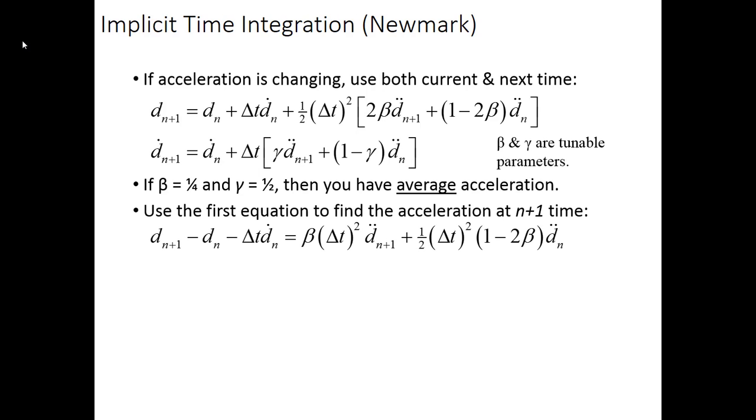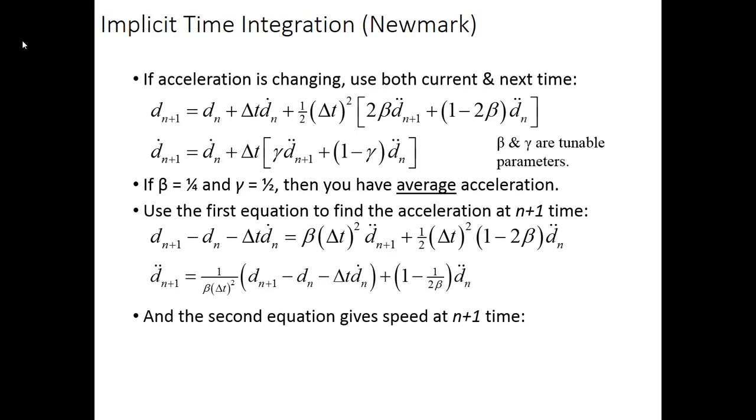First off, I'm going to take the current displacement and the speed term, move them over to the left-hand side, and take the delta t squared times 1/2 and spread that into the terms on the right side, and then rearrange one more step so I get d n+1 double dot as this expression. So now we can see the acceleration at the next time step is defined in terms of the displacement at the next time step, the displacement at the current time step, the speed at the current time step, and finally the acceleration at the current time step.